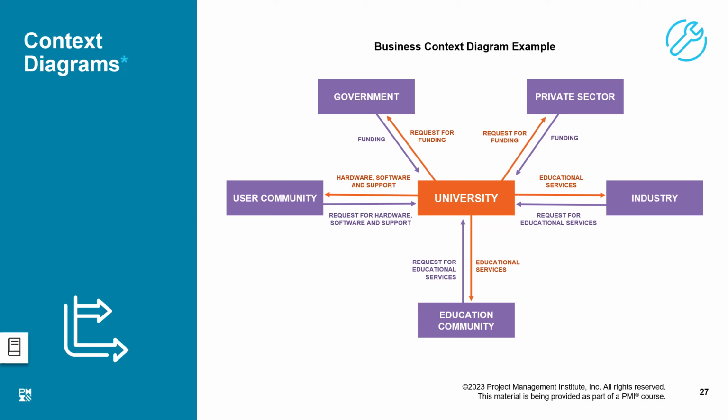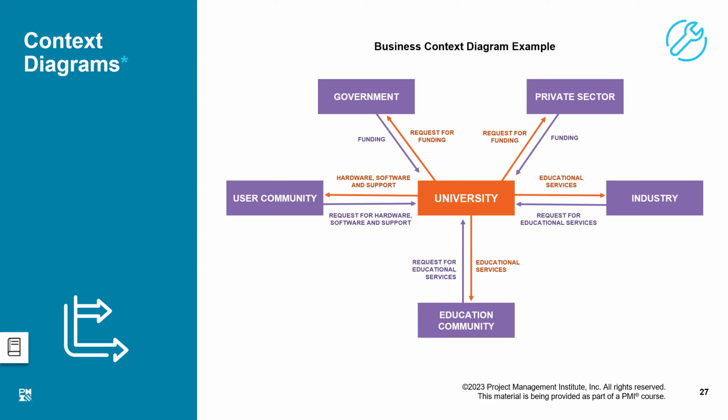For example, the education community and the industry request the university for providing educational services. And what does the university give them? The educational services. The government and private sector is requested by the university for providing the funding. And what do they provide? They provide the funding.